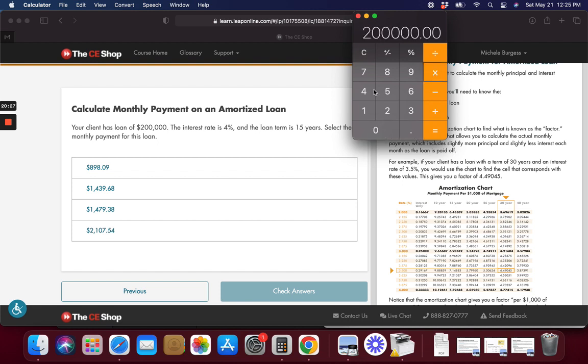Times 4%. 8,000 times 15 years. 8,000 times 15 years times, it wouldn't be just 15 years, it would be 7.39, I believe. 7.39688. Let's see if that's right. I don't know. Well, that can't be right.